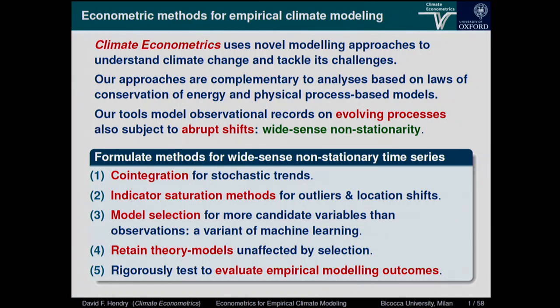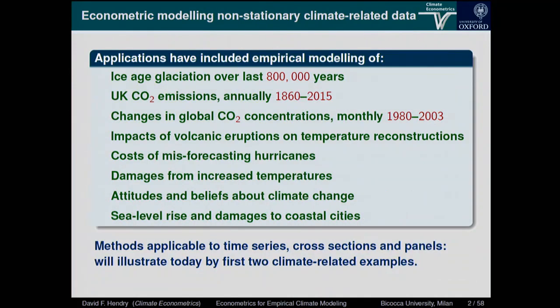The theory model, that's unaffected by selection, so we retain it when selecting other things. The other regular variables, the continuous variables, and then all these indicators that we put in to deal with outliers and location shifts, and we separately deal with those. And then you've got to rigorously evaluate to see if the model is any good.